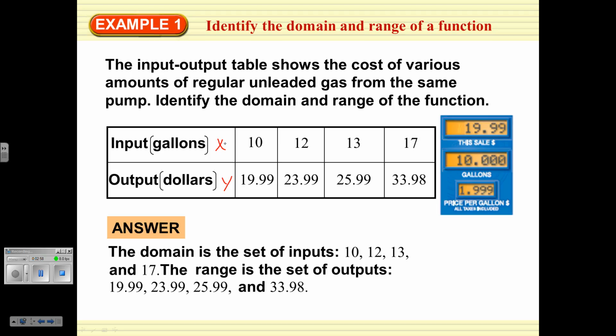So therefore, your domain is your set of inputs, which it tells you right there, but I'm wanting you to also think it through. 10, 12, 13, 17. That would be my domain or my x values. My output, right here, would be my y values. $19.99, $23.99, and so on. So the domain is my inputs, the range is my outputs.